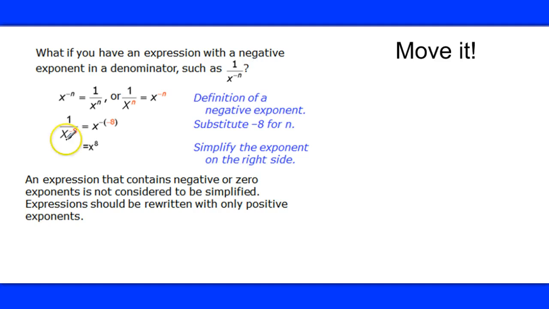If it's on the bottom and it has a negative exponent, it comes up to the top. And when it moves, the negative part of the exponent goes away. Okay? We do not leave negative or zero exponents. That's not considered simplified. It has to be written with only positive exponents.